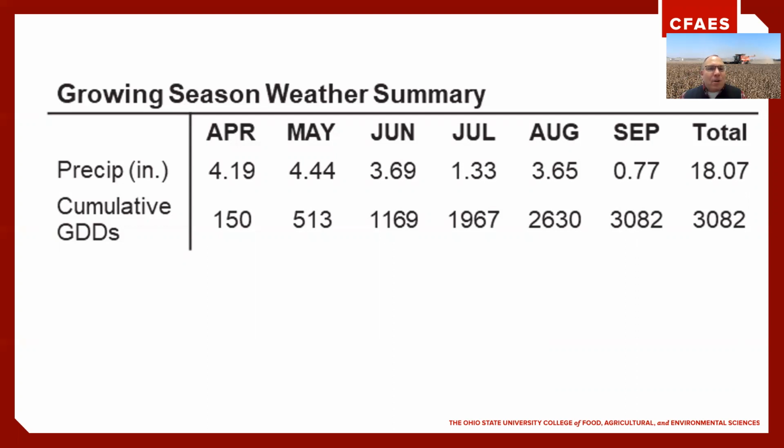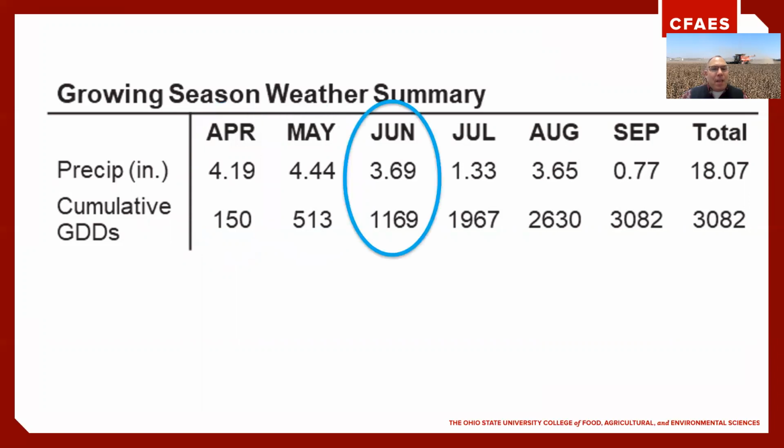There were just little windows of opportunity throughout those 2 months to get some things planted. We did have some corn planted in Fayette County in April, but very little. I would say the majority of our crops were planted probably that last week of May and first week of June here in Fayette County.